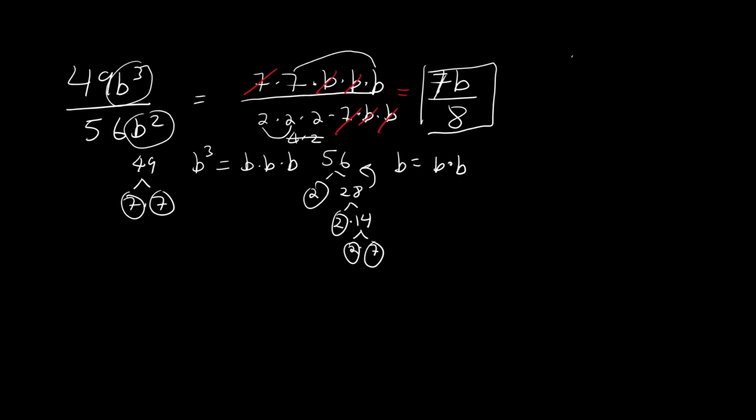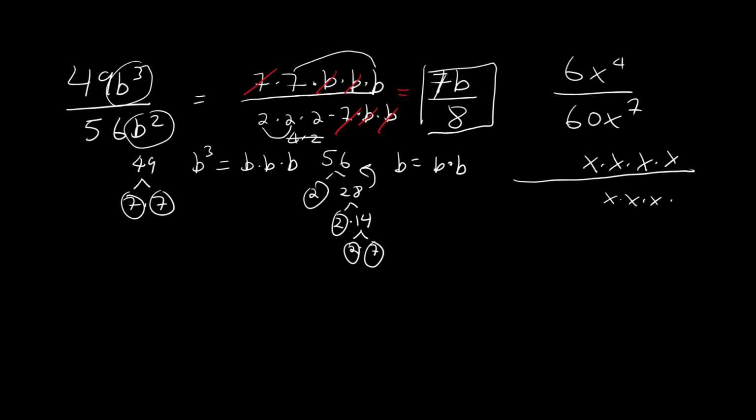Try this one, 6x to the fourth power over 60x to the second power. So the first thing I can do is factor out x times x times x times x on the numerator, and on the denominator let's factor out x times x. Next, let's factor 6.